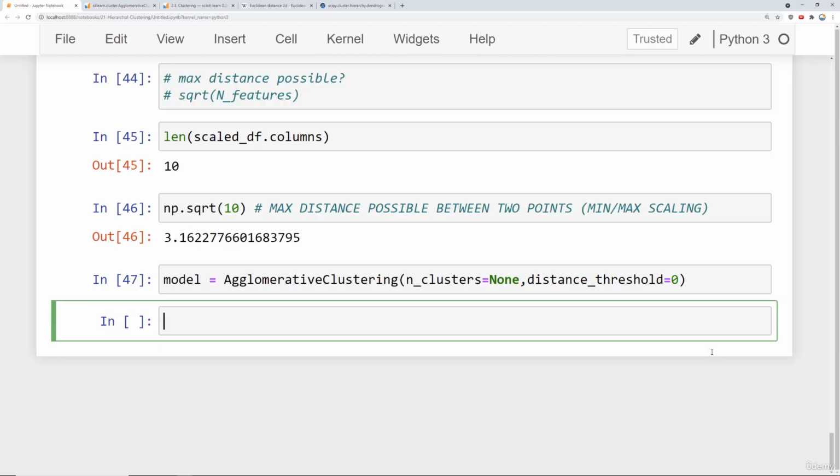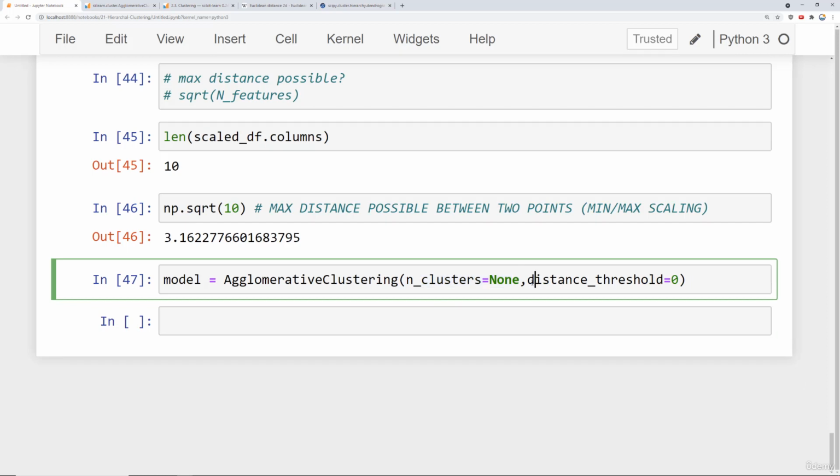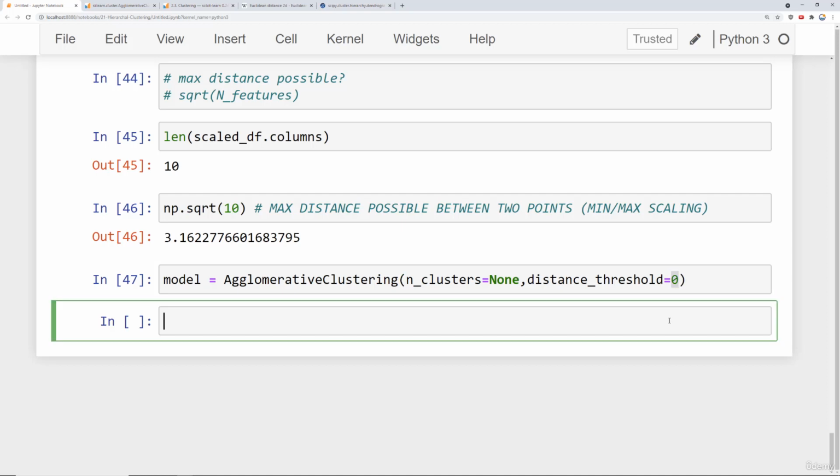So I have this model where I'm not saying the number of clusters, instead I'm saying some sort of distance threshold before we start joining them. In this case, I've gone to the extreme of 0. Then we're going to say cluster_labels is equal to model.fit_predict, and let's pass in our scaled_df.